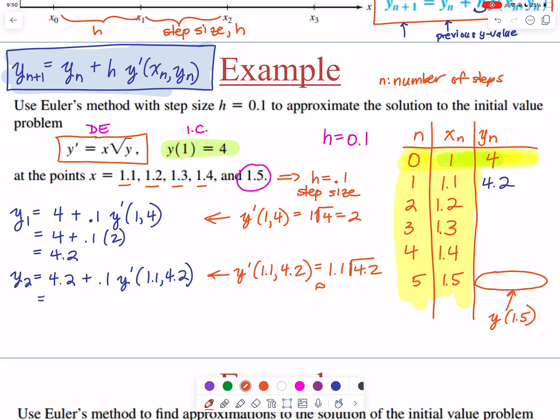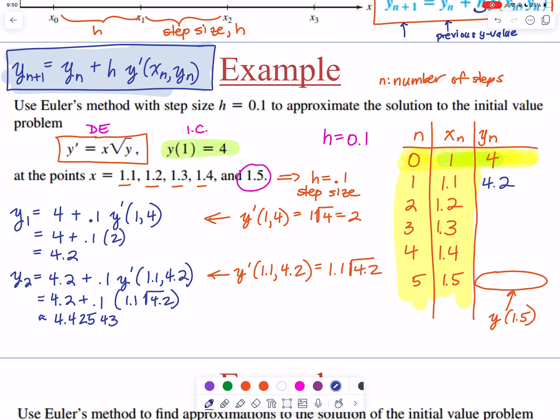Actually, what we want to do is not approximate that, and we want to go ahead and put that in here and then multiply that together. So this would be 1.1 times the square root of 4.2, and we are going to come up with approximately 4.42543.